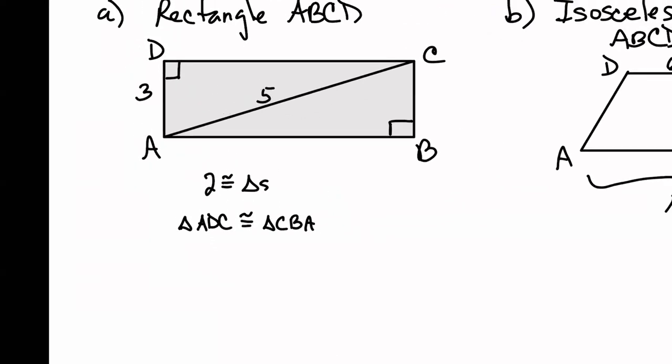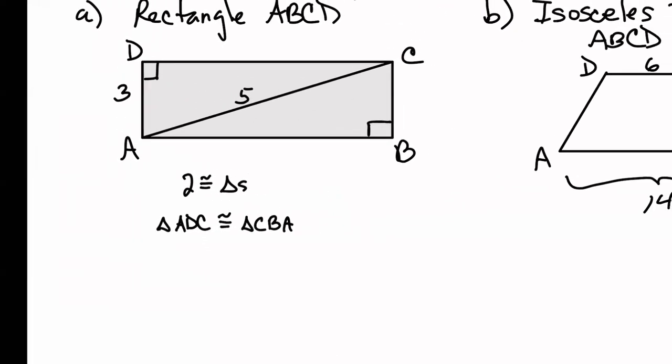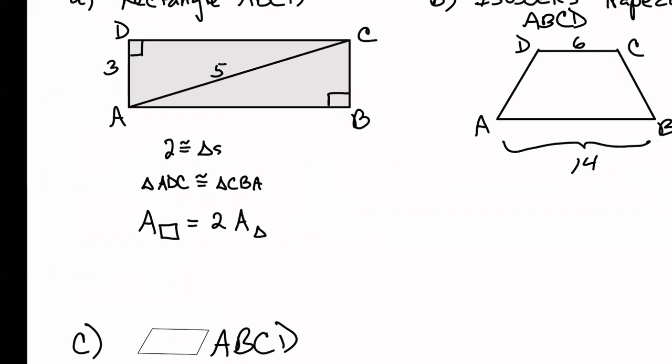Right. So those are congruent, which means that if I wanted to find the area of a rectangle, I would just need to find two times the area of the congruent triangles. The area of a triangle is half the base times the height.